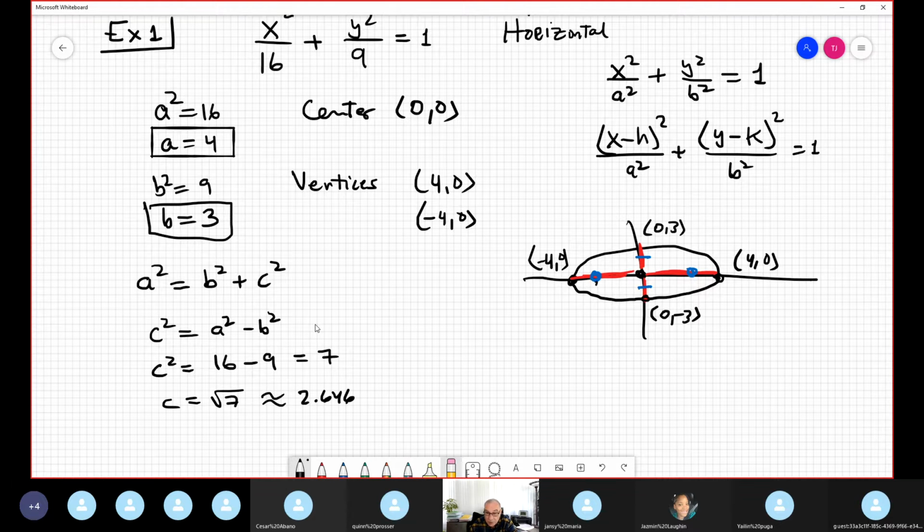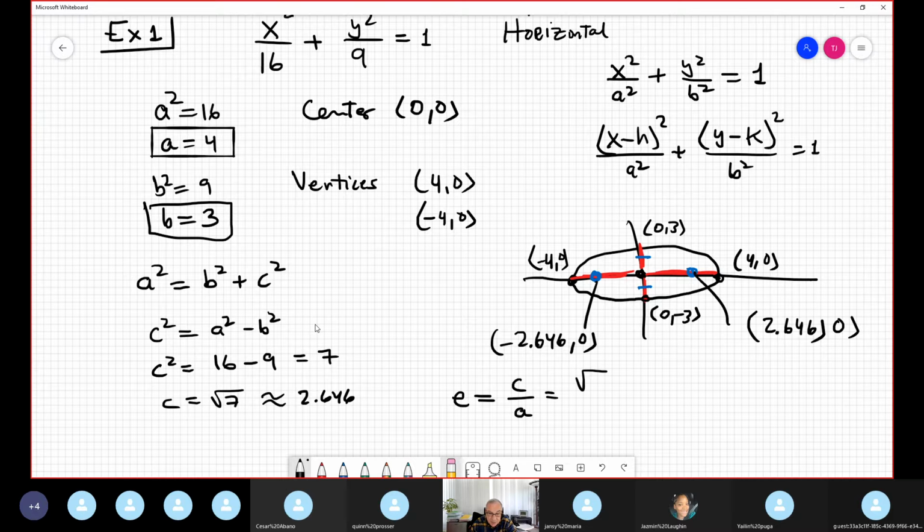And the foci are located at the points 2.646, 0, and negative 2.646, 0. And by the way, the eccentricity is the ratio of c divided by a, which is radical 7 over a, which is 4.